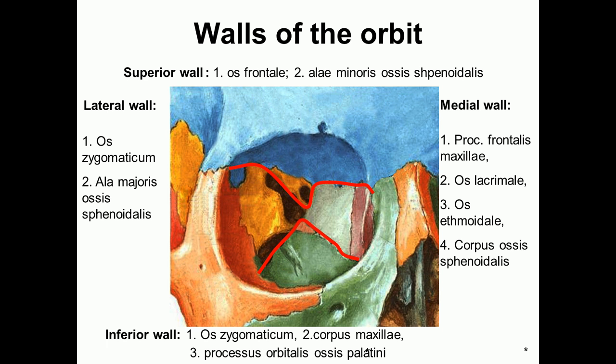Sure, it's easy when you see this picture with all the bones colorized, but it's more difficult in a natural bony specimen, where we ought to distinguish each bone and demonstrate to what wall it belongs.